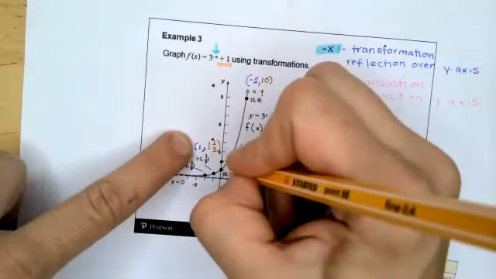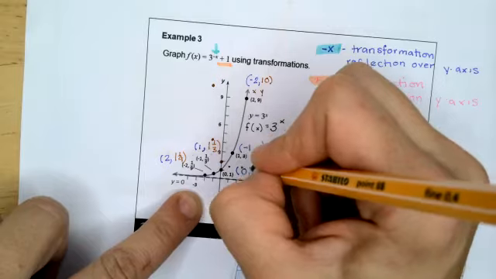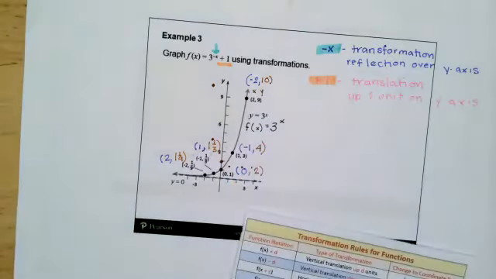And so now, instead of approaching y equals 0, we're just approaching y equals 1. So I'm just going to slowly shuffle it out there.